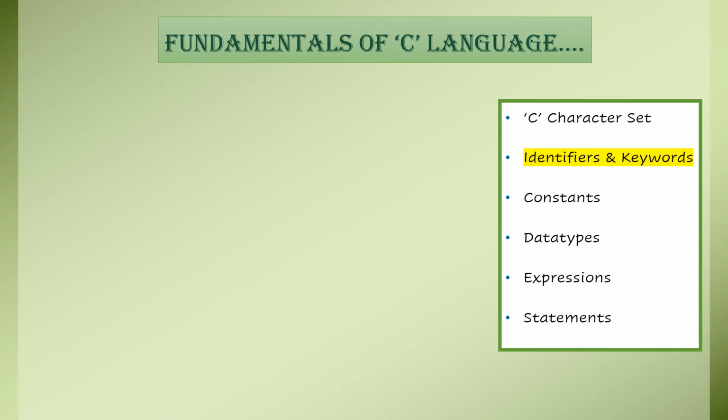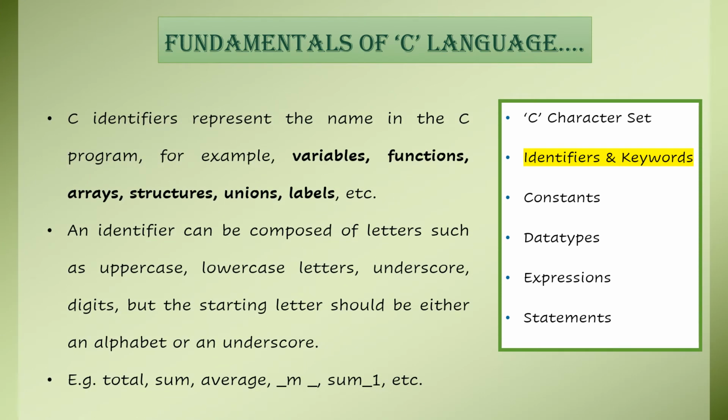Next we have identifiers and keywords. Now identifiers represent the name in the C program, like we are giving the name add.c, and identifiers also means variables. We declare or define functions, we declare array variables, structures, unions, and different labels are used.